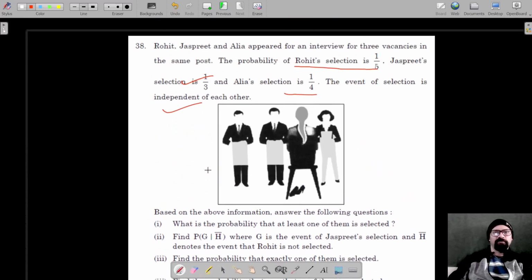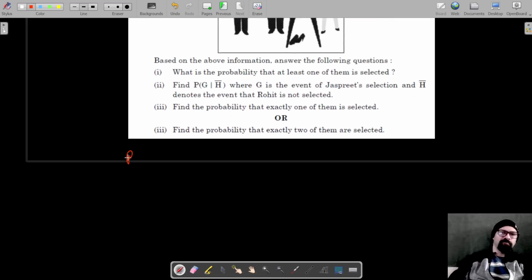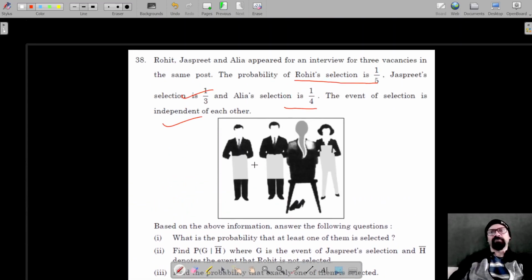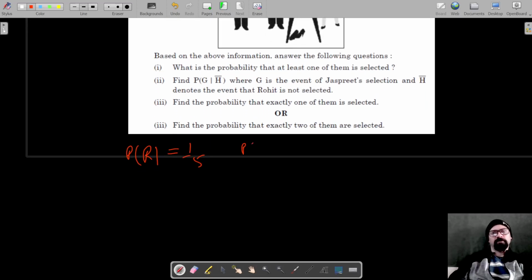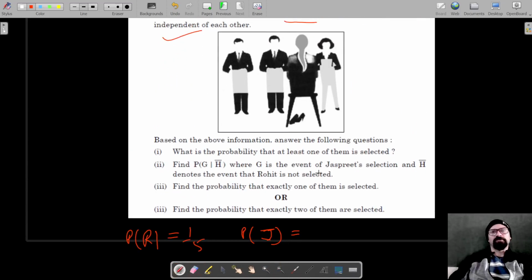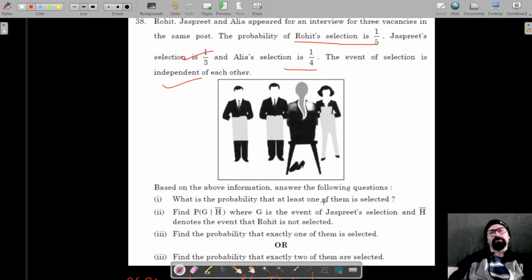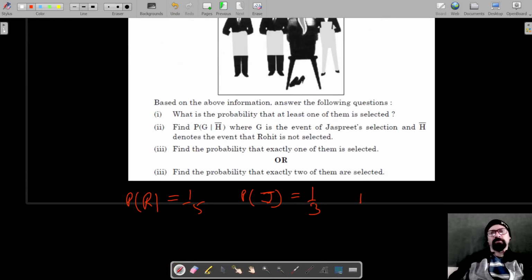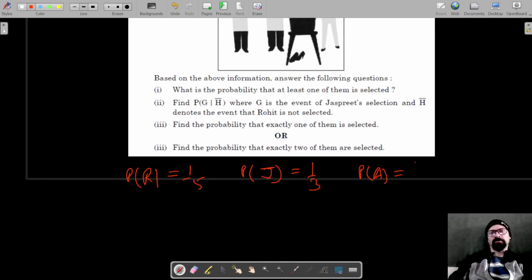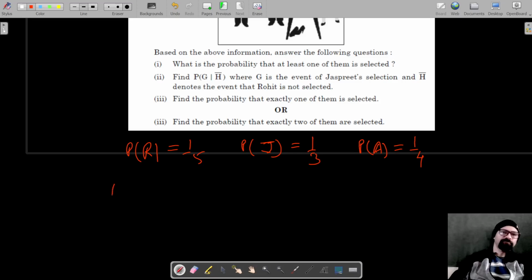So, let's write down what is given to us. Probability of Rohit's selection is 1 by 5. Probability of Jaspreet's selection is P of J, which is 1 by 3, and probability of Alia's selection is P of A, which is 1 by 4. Let's find out the not probabilities.